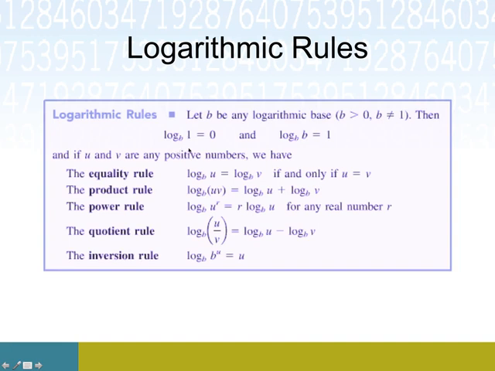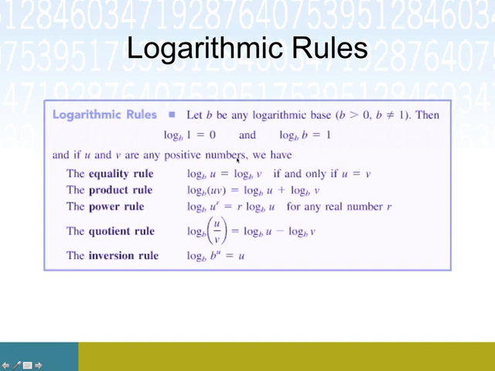So log base b of 1 is 0, because b to the 0th power would have to be the number 1. Log base b of b is 1 because b to the 1st power is equal to b. So it's still that same kind of question and answer setup that we had in the examples on the last slide.